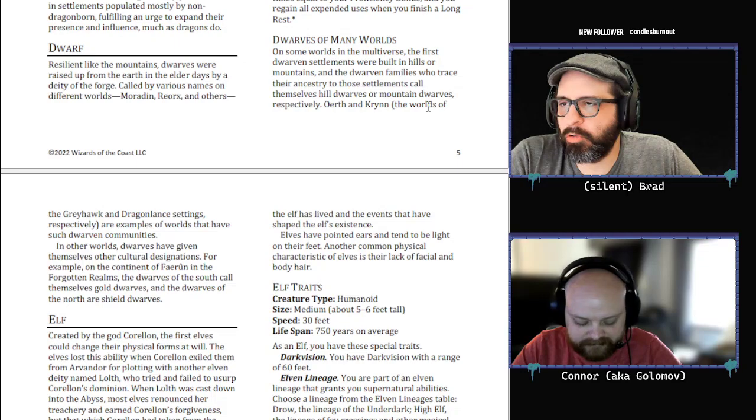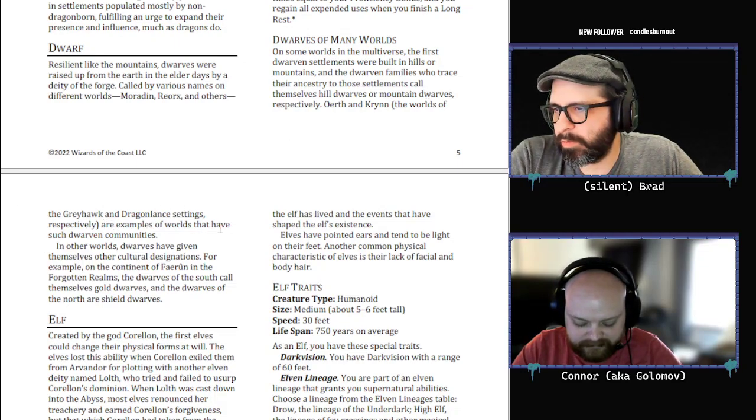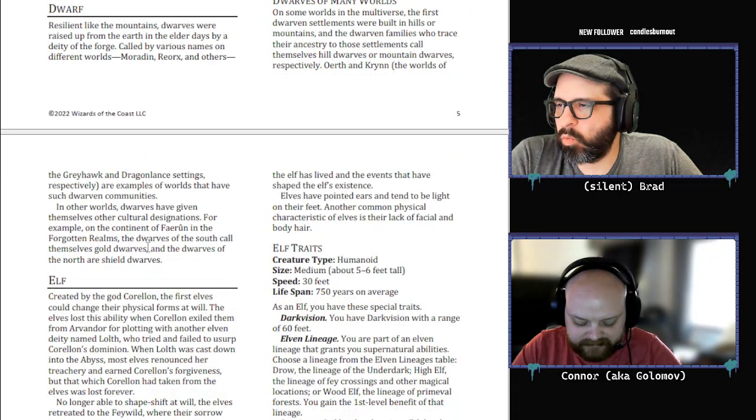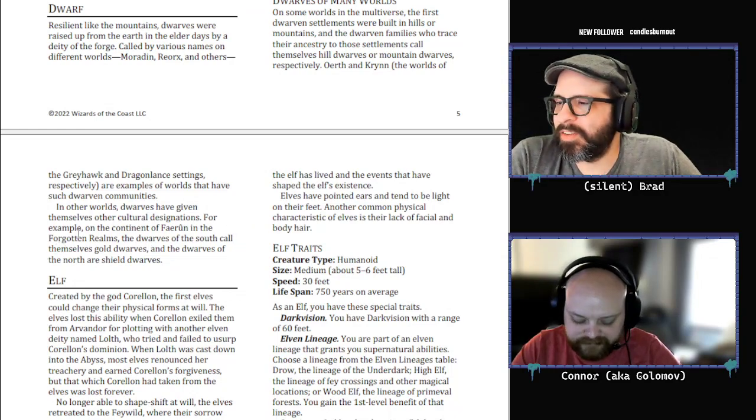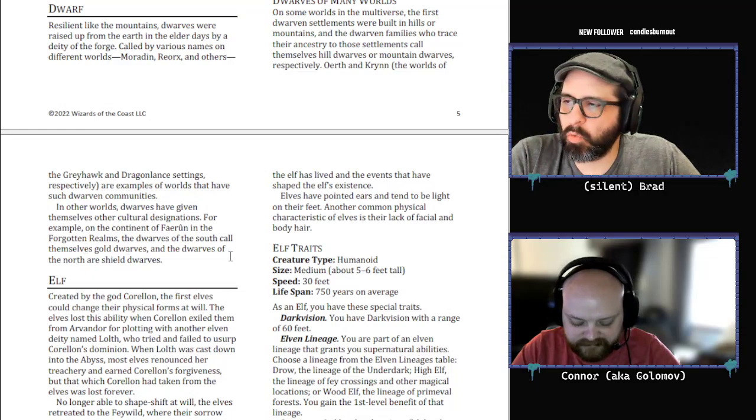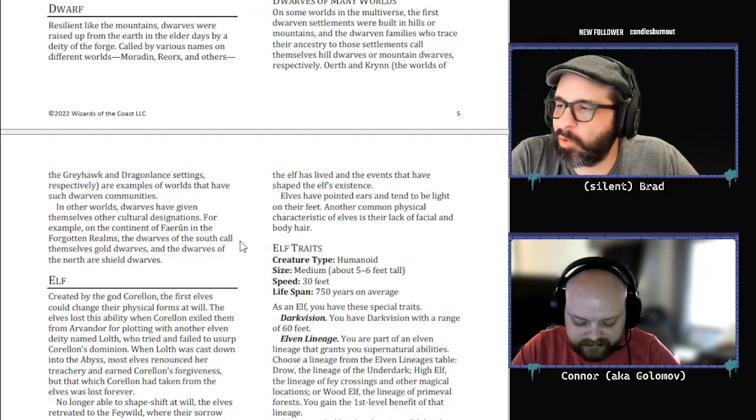Oerth and Krynn, the worlds of Greyhawk and Dragonlance, are examples of worlds that have such dwarven communities. In other worlds, dwarves have given themselves other cultural designations. For example, on the continent of Faerun in the Forgotten Realms, the dwarves of the south call themselves gold dwarves, and the dwarves of the north are shield dwarves. So, yeah.